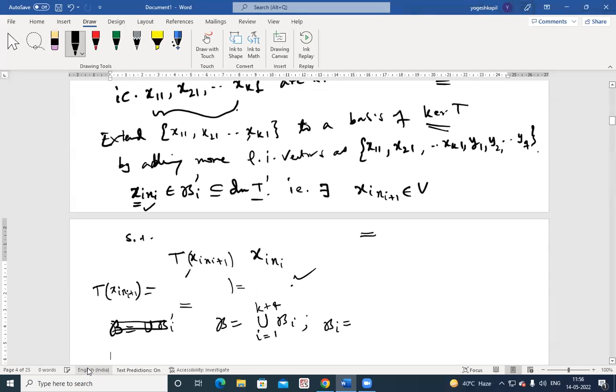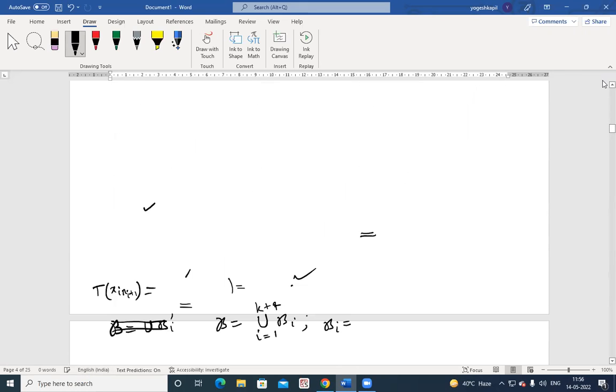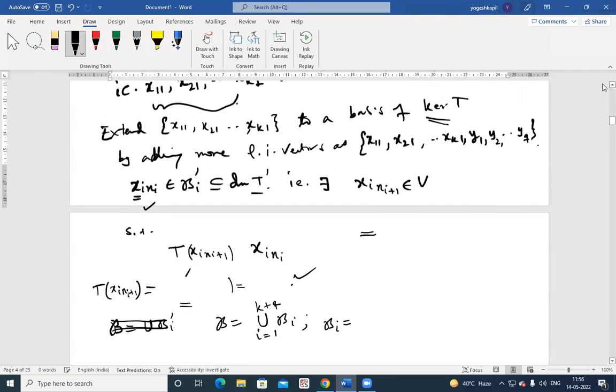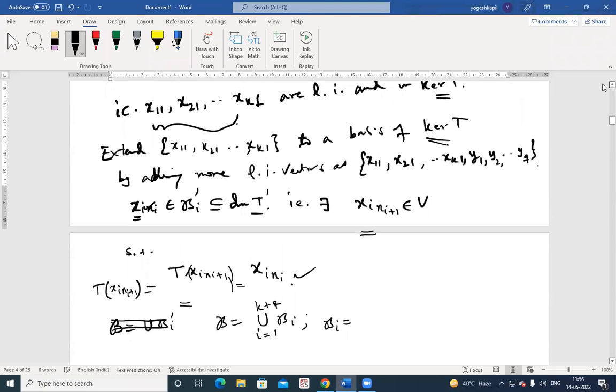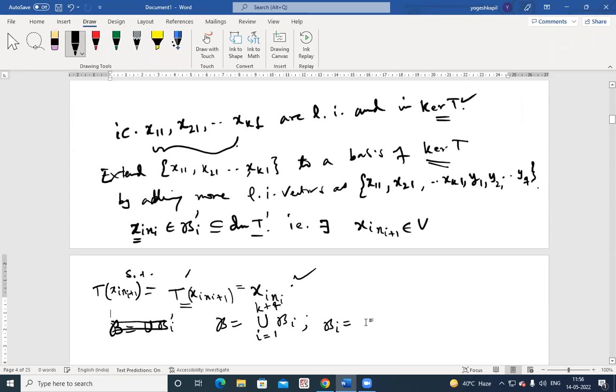Bi dashes are union. This is what I just got, this element.